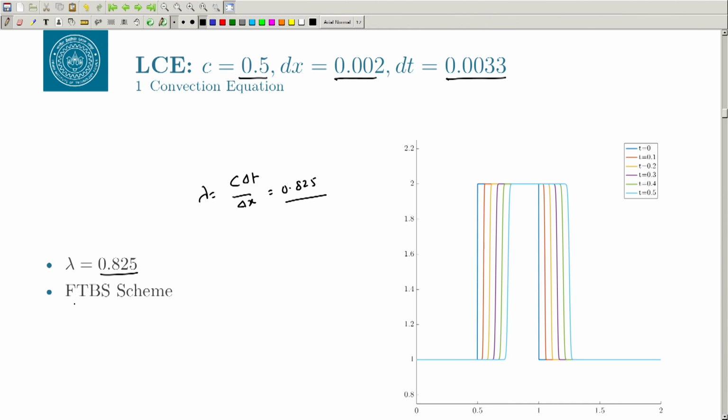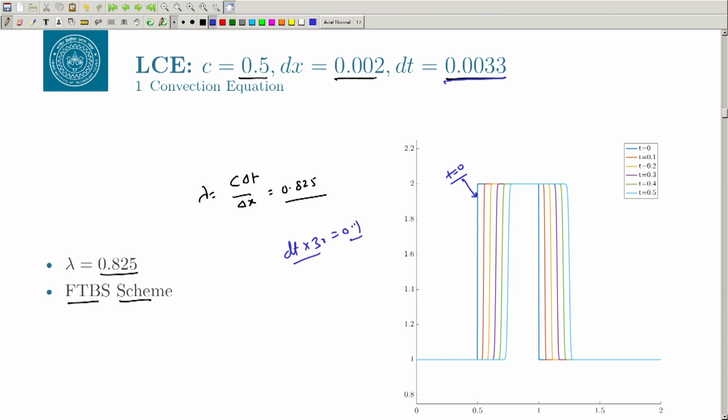And I am using this forward in time and backward in space scheme that we have discussed, and this is how the solution behaves. So, this curve that you see, this one is your time equal to 0. Because we are using a very small time step, remember the delta t is 0.0033, I am plotting it every 30 time steps. So, dt equal to 0.0033 multiplied by 30 gives you 0.1.